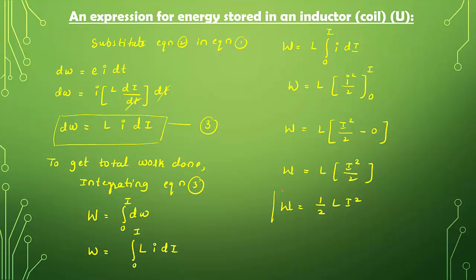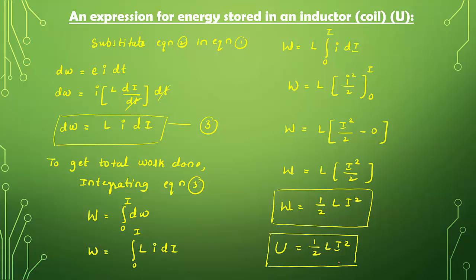W equal to half L I square. This is the energy stored in an inductor. So the total work done is equal to the energy. So U equal to half L I square. This is the expression for the energy stored in the inductor.